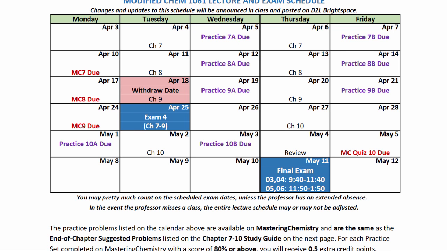And if you've been in there, these under Mastering Chemistry will earn you some extra credit. Exactly. It'll be half a point extra credit for each one that you complete with a score of 80% or above. And that's just so you don't just do a little bit. You should really be doing all of them anyhow to practice. But this way, if you practice them, you'll get some extra credit if you do them here on Mastering Chemistry.